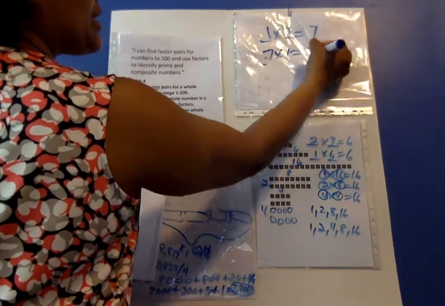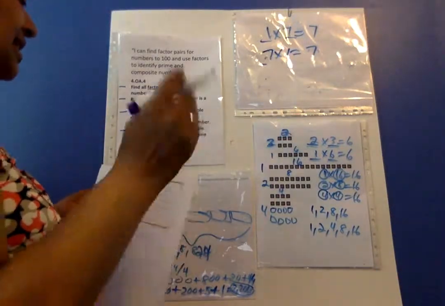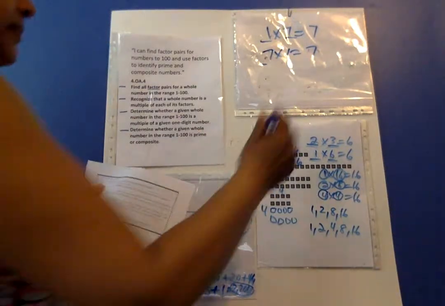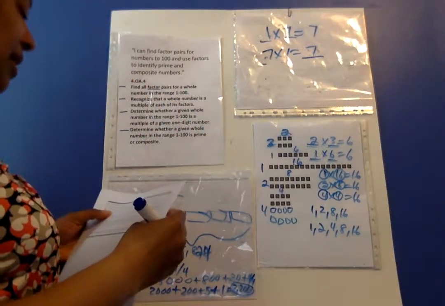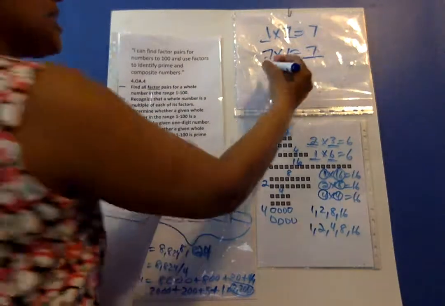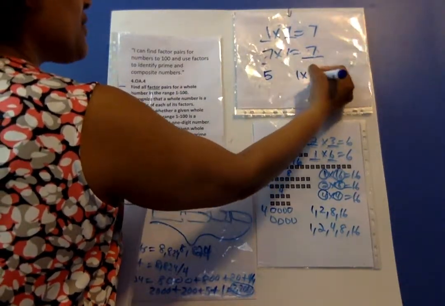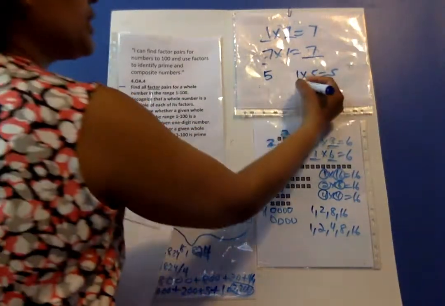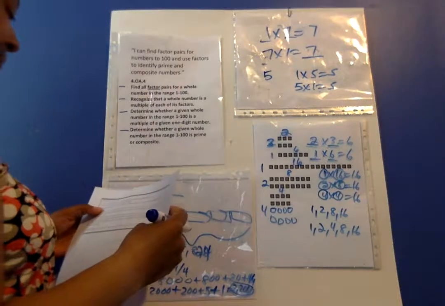They can say it like this, 7 times 1. But it's the same numbers, just switched around. 7 is a prime number. This is a prime number. Can you think of any other prime numbers? Student will say 5. So 1 times 5 equals 5. And the only other way is 5 times 1 equals 5, but it's the same numbers.